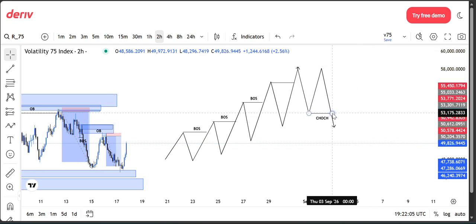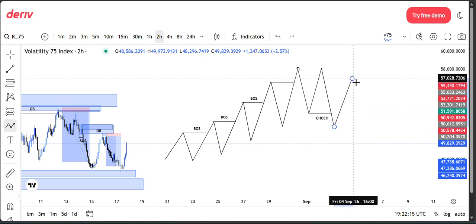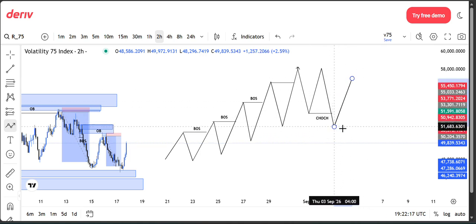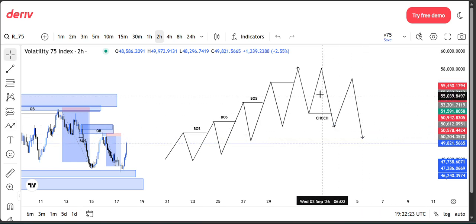So at what point do we have a market structure shift? If after we have seen this change of character, we then see price failing to break this previous high, and it comes back and breaks this second low, this is now a confirmation that we are actually changing the direction of the market.